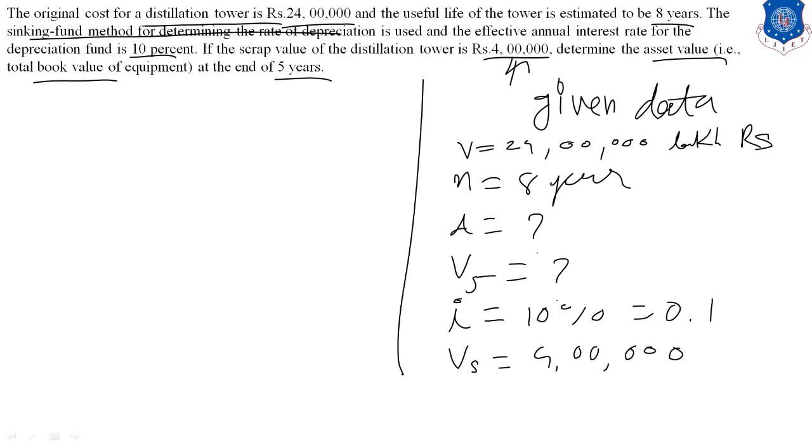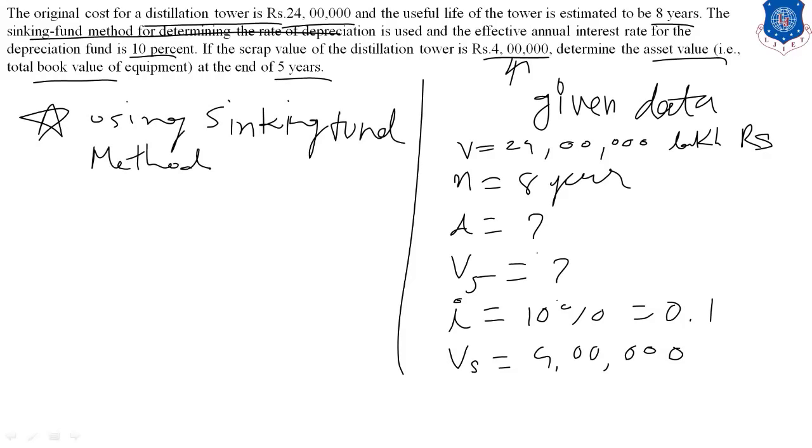Using this data, we can easily calculate the depreciation at year 5 using the sinking fund method. In the sinking fund method, we have to calculate for each year. So let's calculate for the first year.